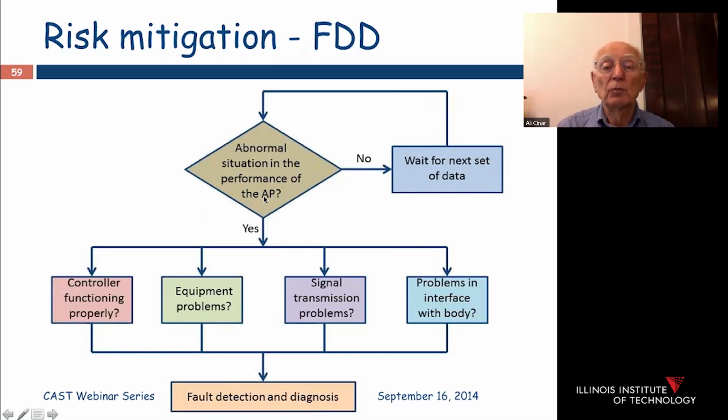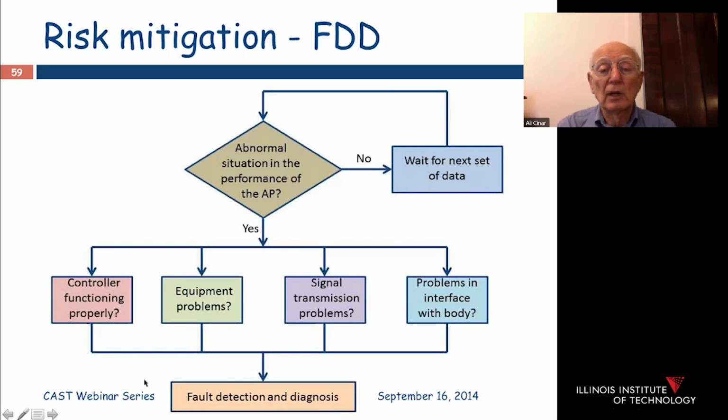If there is an abnormal situation, so this is the monitoring stage, then one needs to divide and rule by looking at different problems. Is the controller functioning properly? The control logic may have some errors in it, or the control parameters may not be appropriate for the current state of the patient.